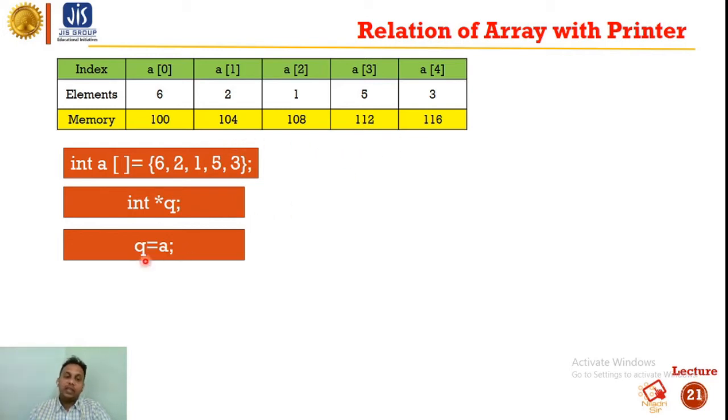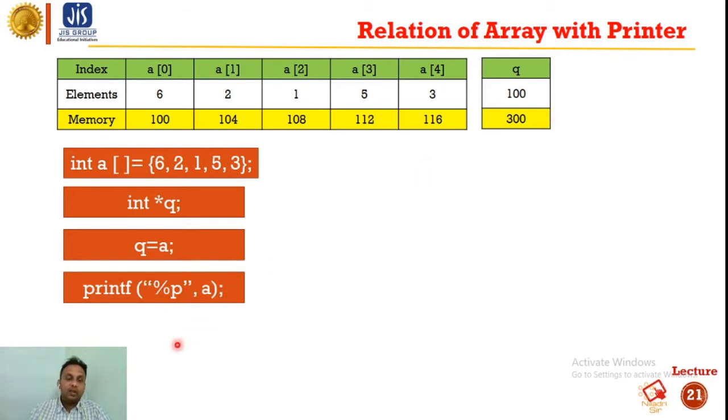So q basically will store the initial base address of the array. So q equals a means q will store 100, and this is the address of q, that is 300.